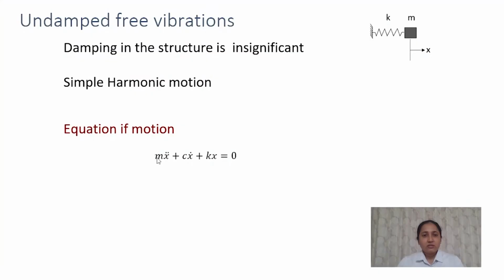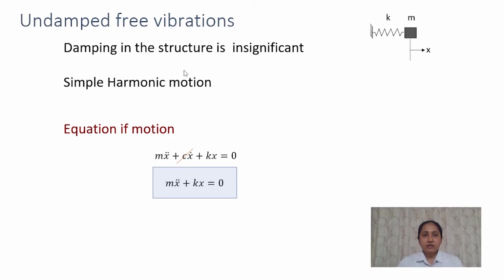So now let's look at the equation of motion. This is the equation of motion of a free vibration system: m x double dot plus c x dot plus k x is equal to 0, zero because no force is acting on this. Now when we assume that the system is undamped, that means the damping is 0.